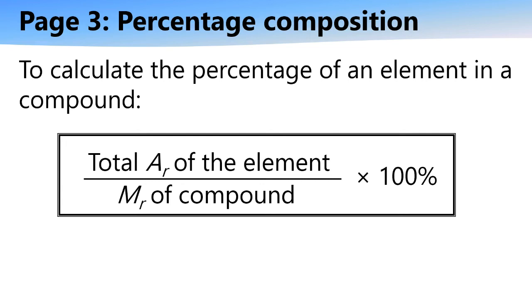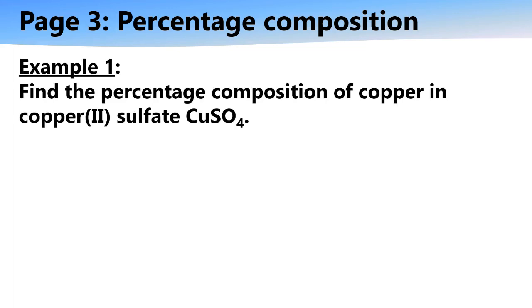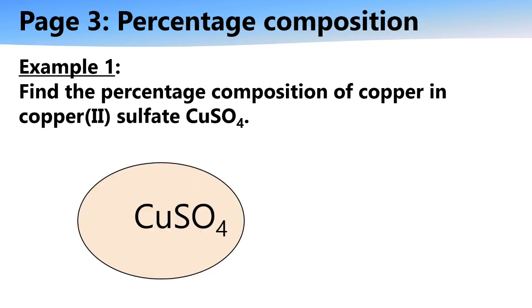The best way to explain this concept is by giving an example. Example 1, find the percentage composition of copper in copper 2 sulfate, CuSO4. I want you to imagine that we have a copper sulfate molecule of sorts.